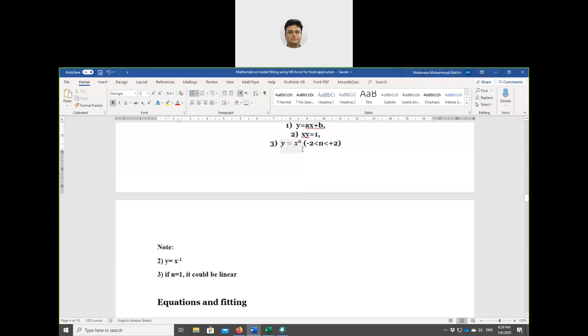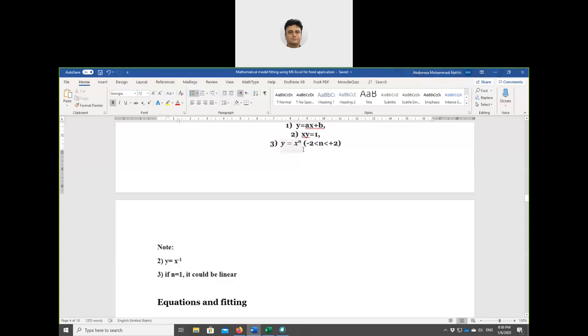y is equal to x, so it's linear. If n is equal to 1, it could be linear.